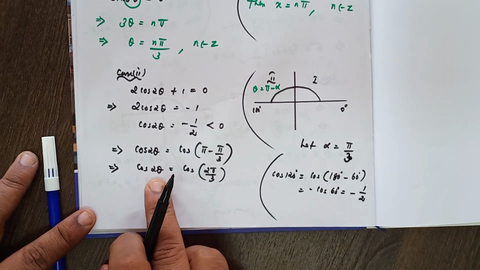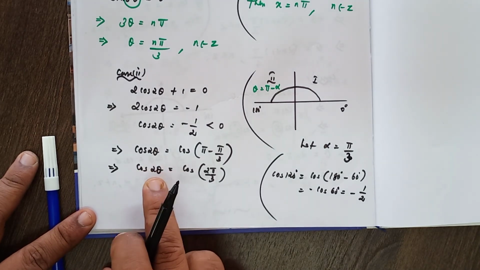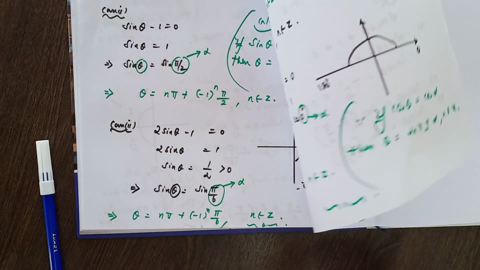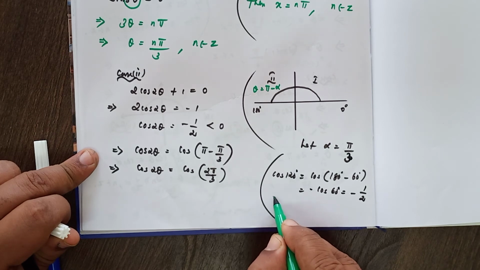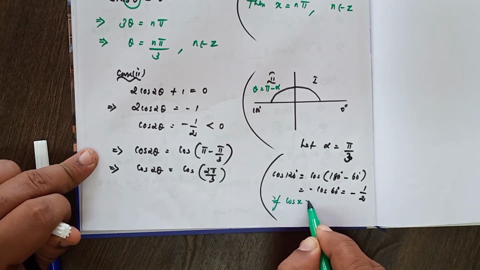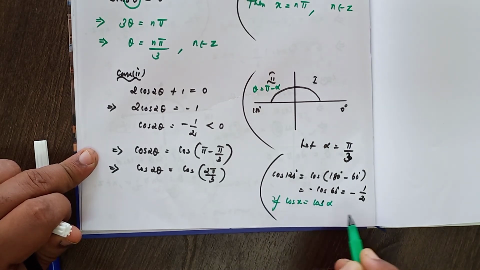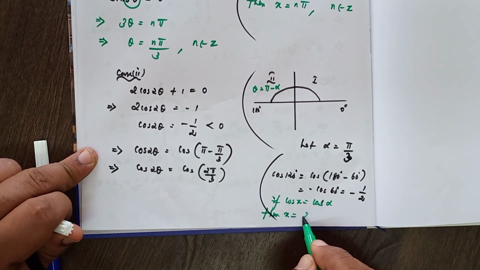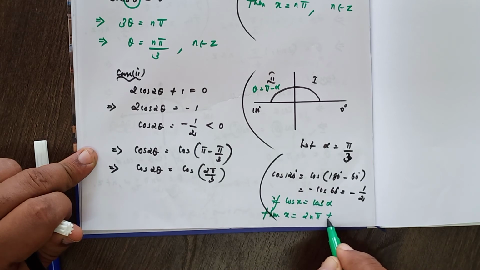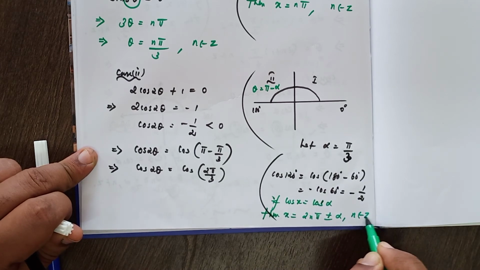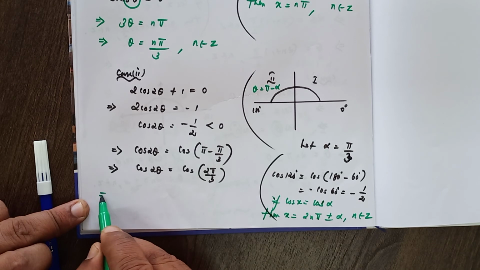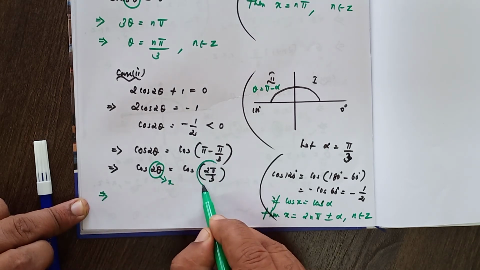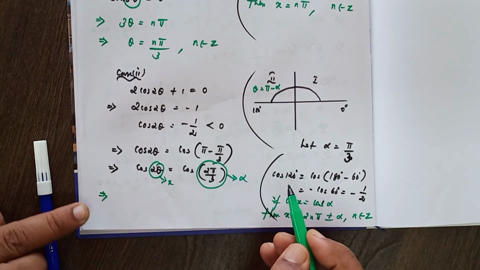So what form is it? Since we have theta, I consider it as x. If cos x equals cos alpha, then x equals 2n pi plus or minus alpha, where n belongs to integer. I consider this as x and this as alpha.